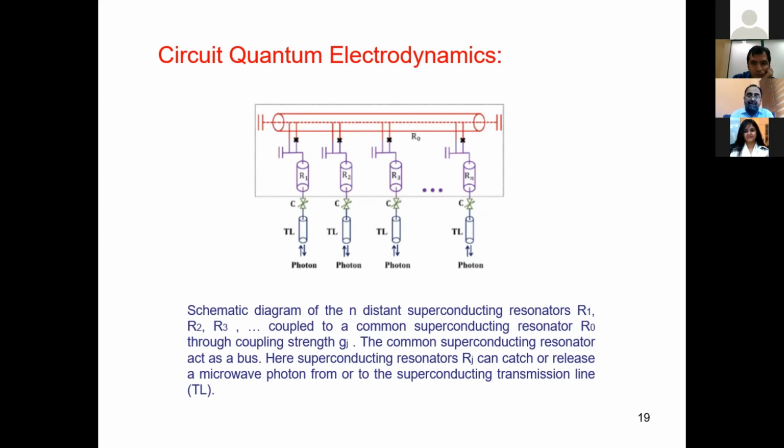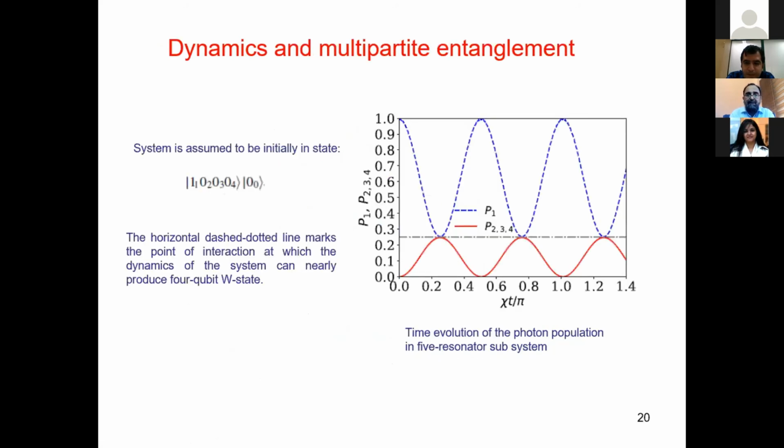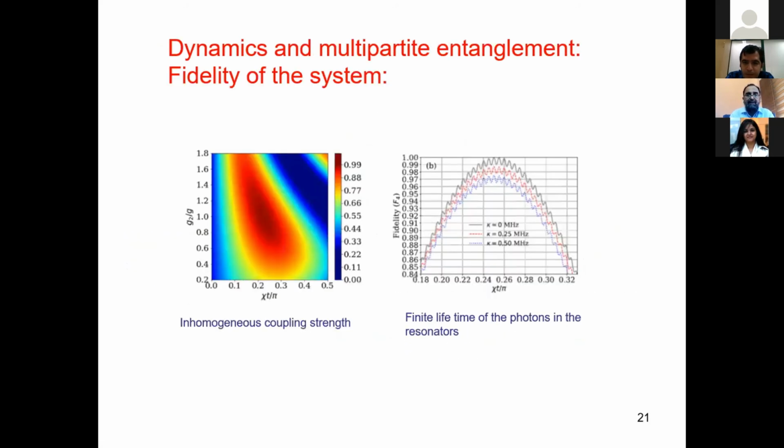There could be noise introduced due to the interaction between R1 and R2. So all these things play a very important role in the dynamics. So we can calculate the fidelity for the system. And another thing, we assume some initial condition for the system, for example, 1, 0, 0. That might not be true. There could be some noise in the system. So we made an attempt to incorporate all these things. So this is all ideal.